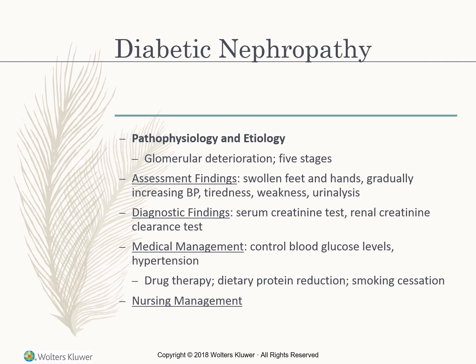And we want to provide additional teaching if their blood glucose level is not controlled. We can provide them with smoking cessation programs and go over their medication regimen and educate them on their antihypertensive drugs and dietary measures in order to prevent complications from vascular disease.